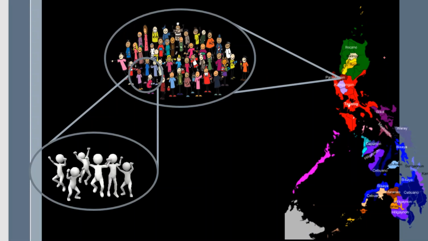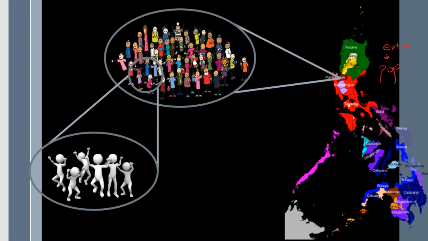So the whole Philippines is your population. That is your general population, the entire population of the Philippines. And then to be more specific, you're going to gather only certain individuals or ethnic groups.